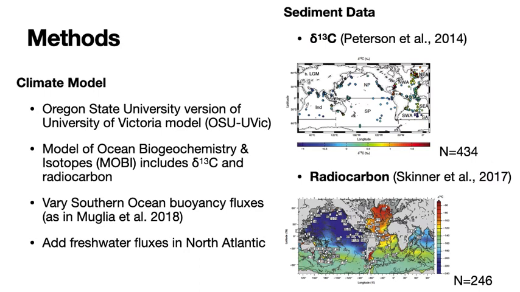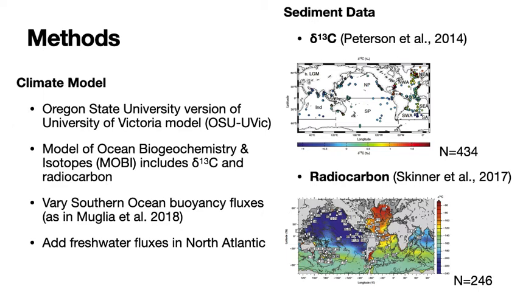Okay, so here's just a quick description of the model that we use on the left and the sediment data on the right. So let's start with the model. The model we're using is the Oregon State University version of the University of Victoria climate model, OSU UVic.